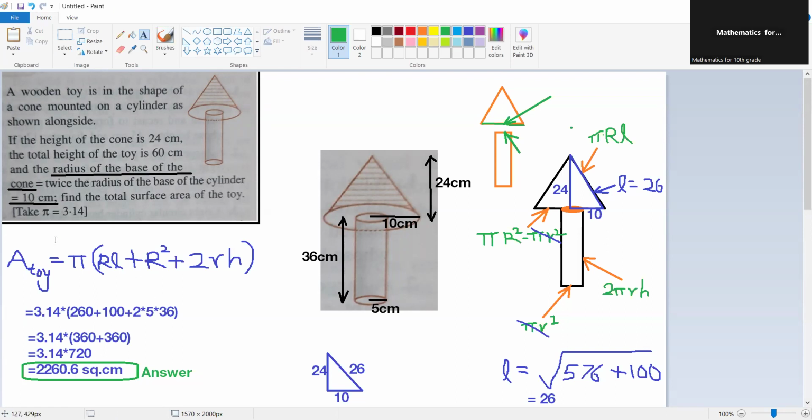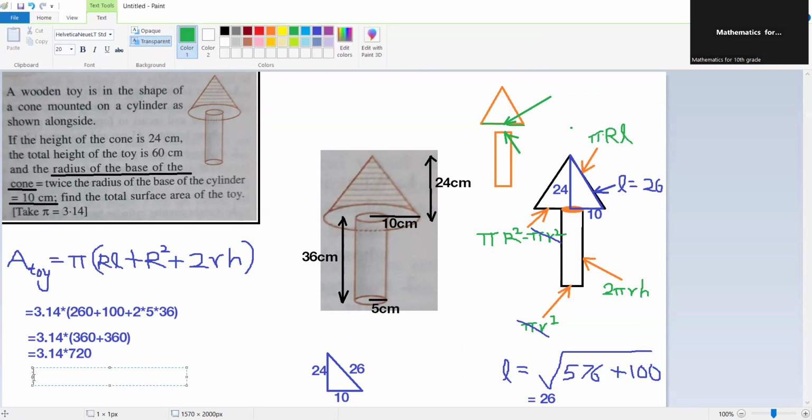I'm sorry, it's not 0.6, it's actually 0.8. Which is equal to 2260.8 square centimeter. This is the answer.